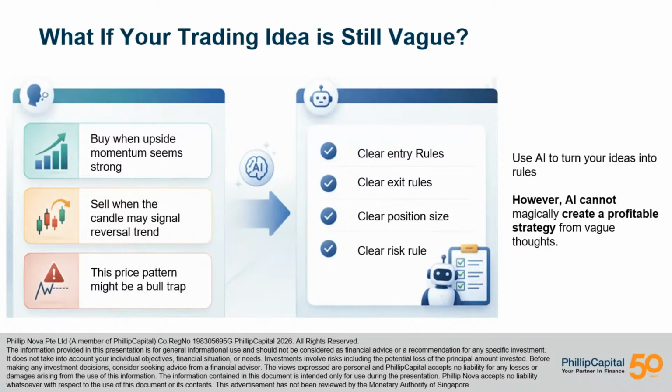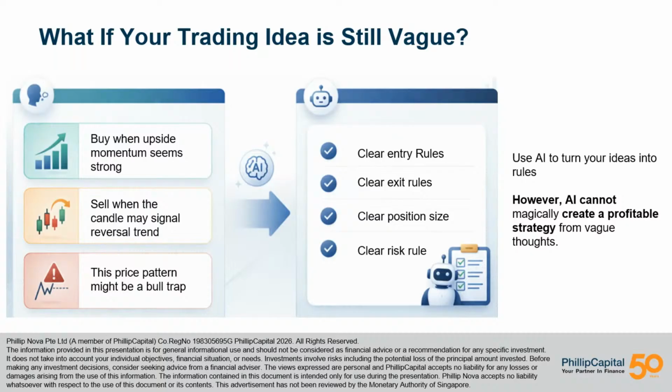But sometimes we traders may feel a bit confused about what a trading idea really means, because sometimes we may trade based on some intuition or visual idea about the charts or the prices. So for example here, you may only feel that, okay, I want to buy because the momentum of prices seems strong to me on the chart, so I buy.